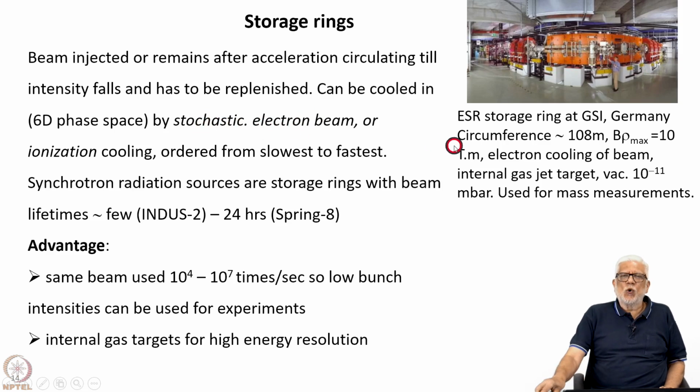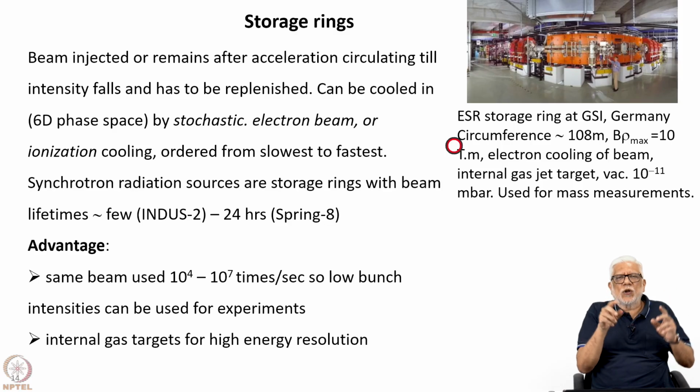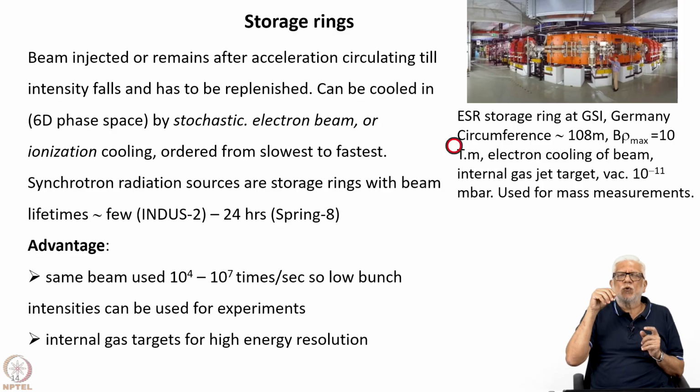So, you have a co-moving electron beam which has the same velocity as the central velocity of the beam that you want to cool, and then the beam particles share energy with the electrons and transfer their quote unquote heat to the electron beam, and the electron beam is very easy to produce. So it comes back and you can produce it again with a very sharp velocity spread, and in this way you can cool the beam using a co-moving electron beam.